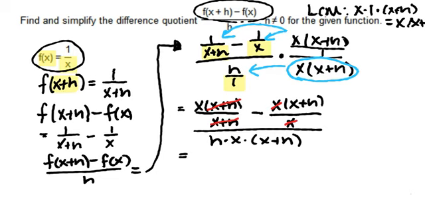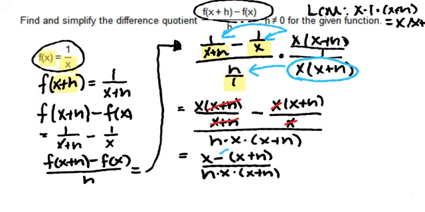So what we have left is x minus, in parentheses, x plus h. Those parentheses are important because that minus sign needs to apply to both terms in the parentheses. And in the denominator we have h times x plus h.